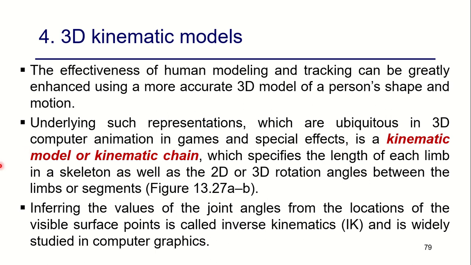A kinematic model, or kinematic chain, specifies the length of each limb in a skeleton as well as the 2D or 3D rotation angles between the limbs or segments. Inferring the values of the joint angles from the location of the visible surface points is called inverse kinematics, IK, and is widely studied in computer graphics.